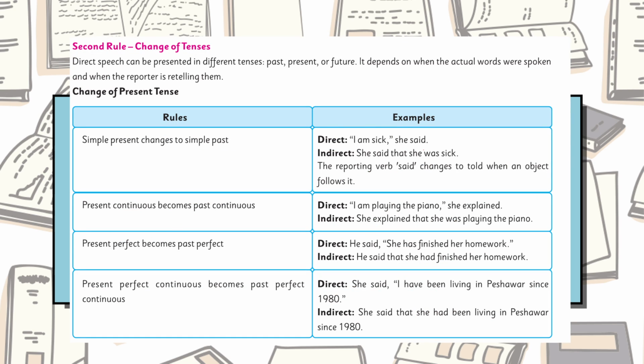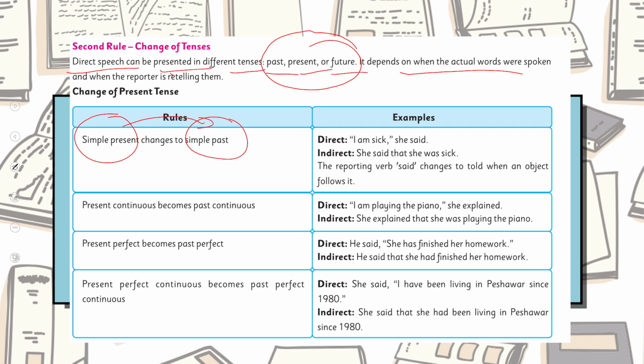Next one, you have rule number 2, where direct speech can be presented in different tenses: past, present, or future. It depends on when the actual words were spoken and when the reporter is retelling them. For example, simple present will change into simple past. I am sick, she said.